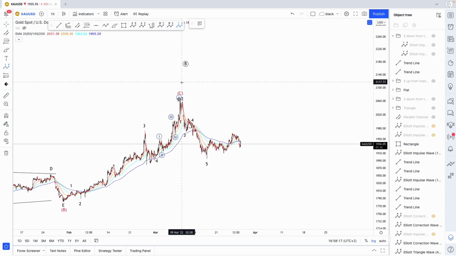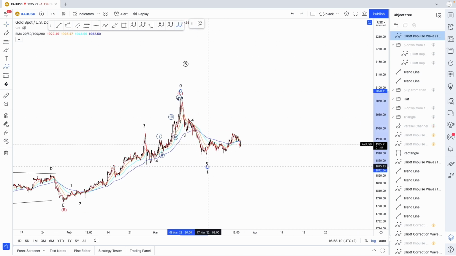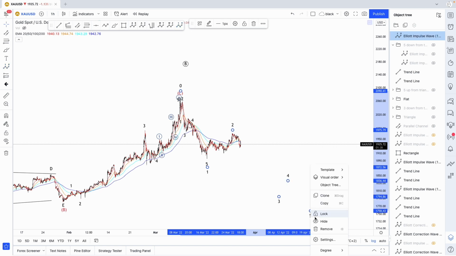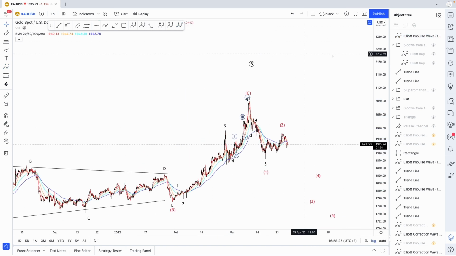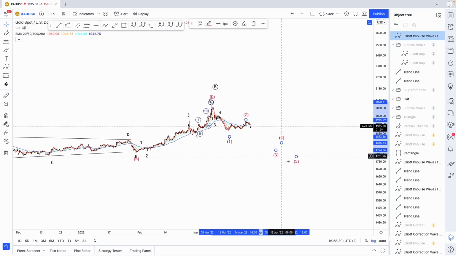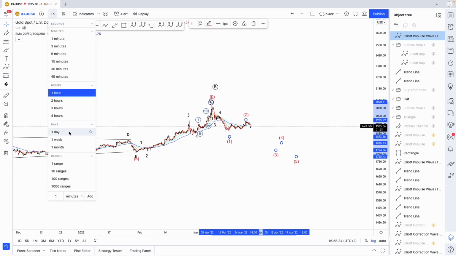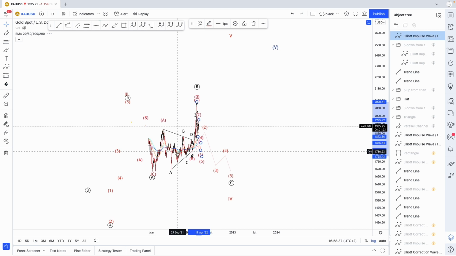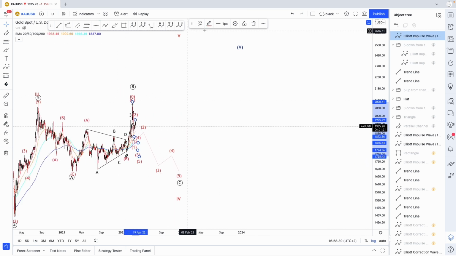And that, this time, will be wave 1, 2, 3, 4, 5 of intermediate degree for primary wave C. So that obviously would predict further downside to break these previous lows.